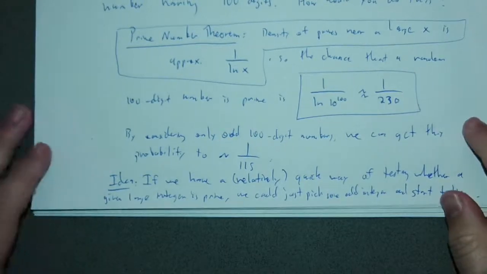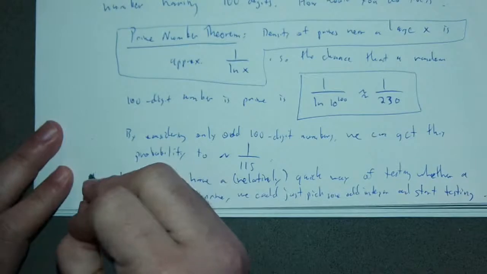What I mean by that is start testing successive odd integers, right?